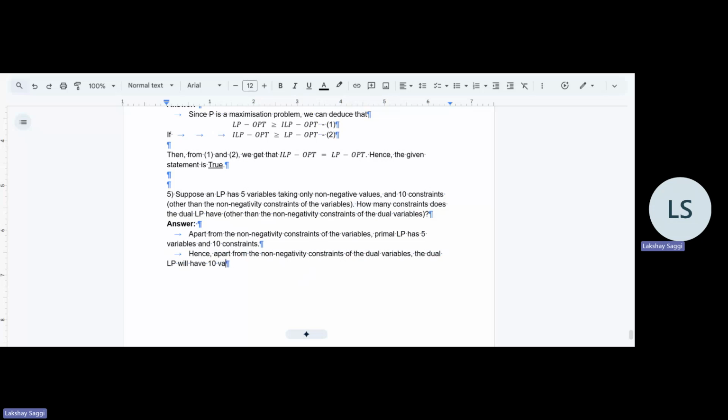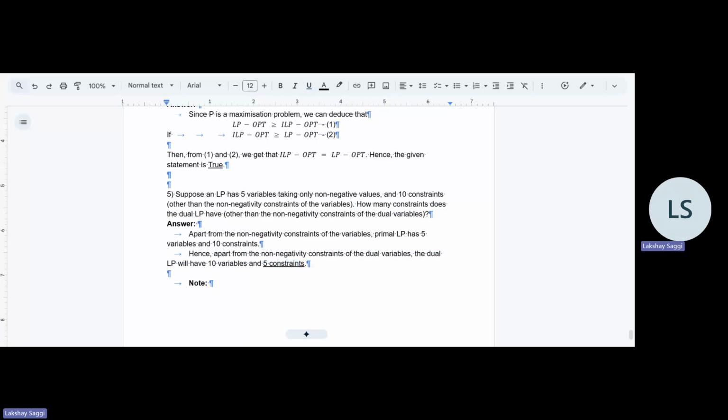So it will have 10 variables and 5 constraints. So the dual LP only has 5 constraints, and the answer is just 5, because variables and constraints get interchanged.